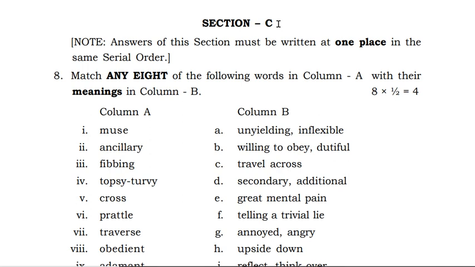Okay, right. See here. Before I go through this section C, there is one note. That note is very, very important. You should remember that note. The note is: answers of this section must be written at one place in the same serial order. Very, very important note.